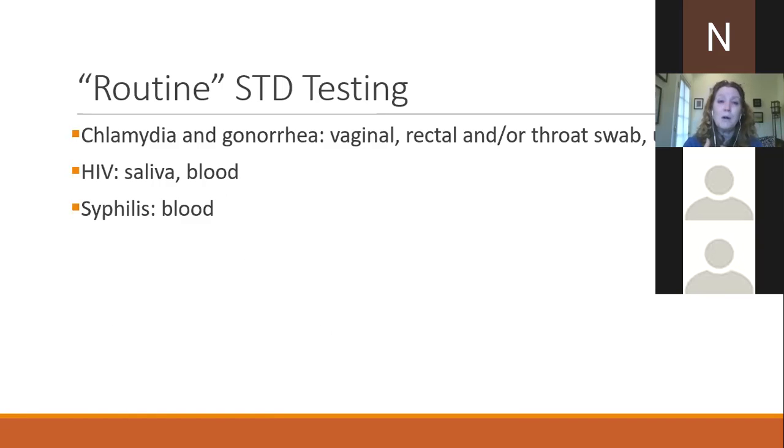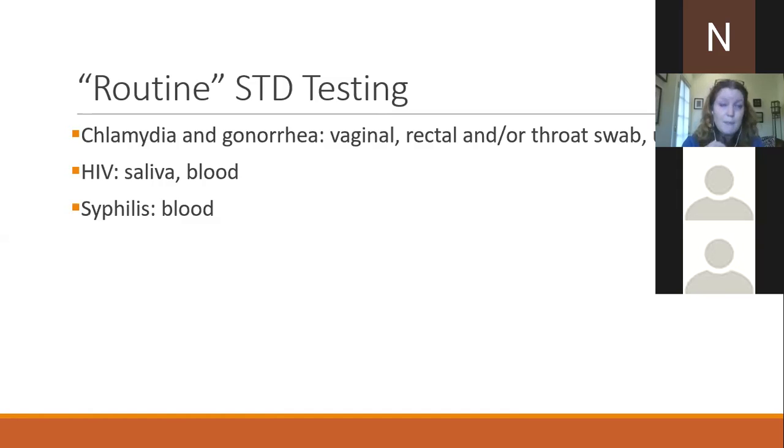So when you all go in and you get routine testing, mostly you're getting gonorrhea and chlamydia tests, and you're getting tested at the sites, the body parts that you're using for sex, so vagina, rectum, or throat, HIV and syphilis. So chlamydia, gonorrhea, HIV, and syphilis are what we do routinely.